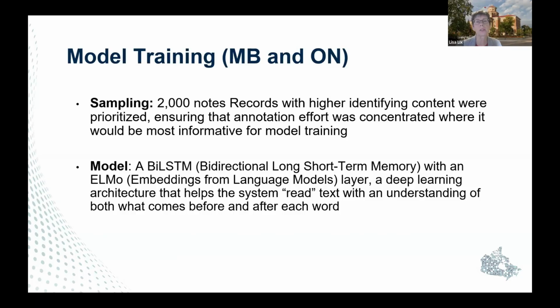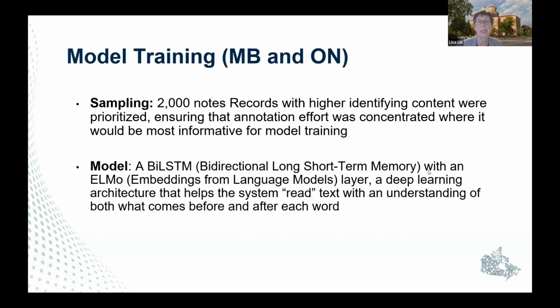And so in our notes, we've got this annotation effort. Really, when I think about it, it's concentrated in what would be most important for helping us to train the model that we're working with. And in terms of the model that we're actually working with, it's a bidirectional long short-term memory model.